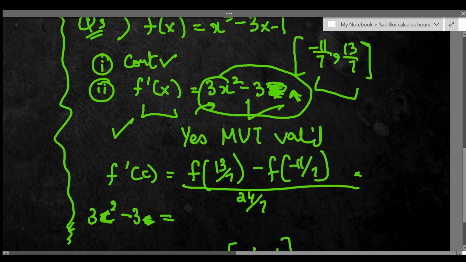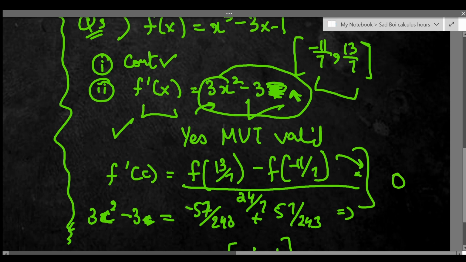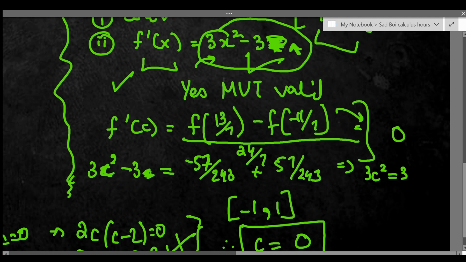The final result that we're going to get is minus 57 over 243. This gives us the same thing. So this makes this whole thing equal to 0, which means that 3c squared equals 3 and c equals ±1.